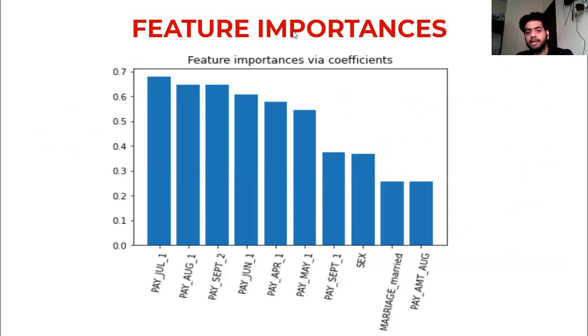Based on the logistic regression, the important features are: first, pay in July with a delay of 1 month, then pay in September with a delay of 2 months, and pay in June with a delay of 1 month. These are the features which play an important role in a customer defaulting.